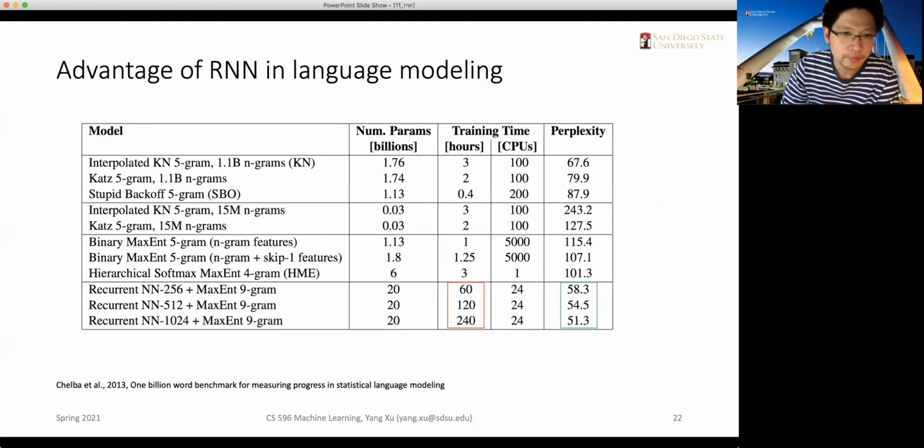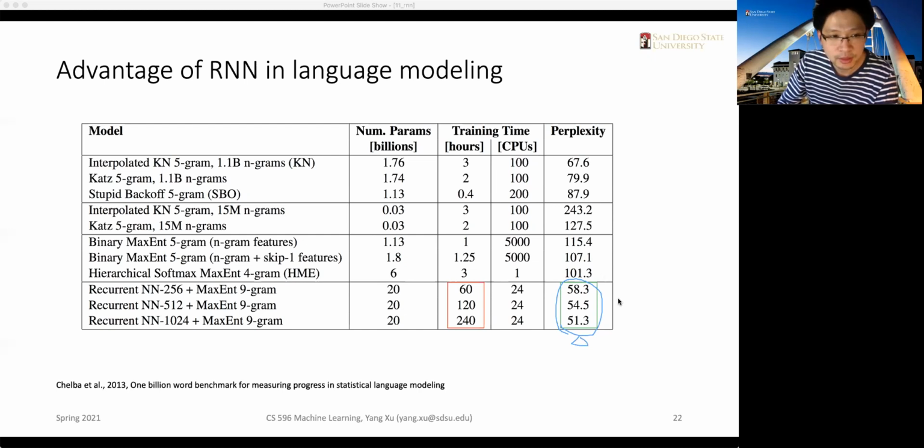As a comparison, for RNN-based language models, if you look at the perplexities compared with the 5-gram language model, for example, that's a result from 2013. Perplexity is the inverse probability, so we want a language model to have lower perplexity values.